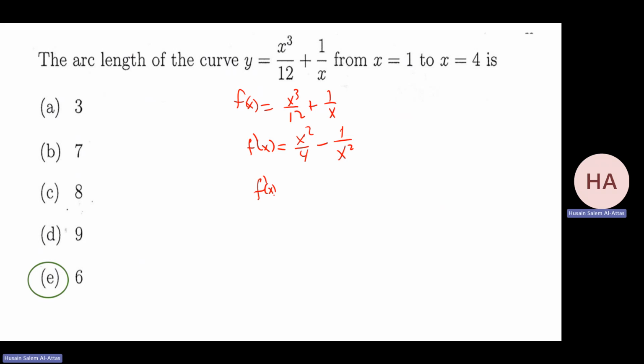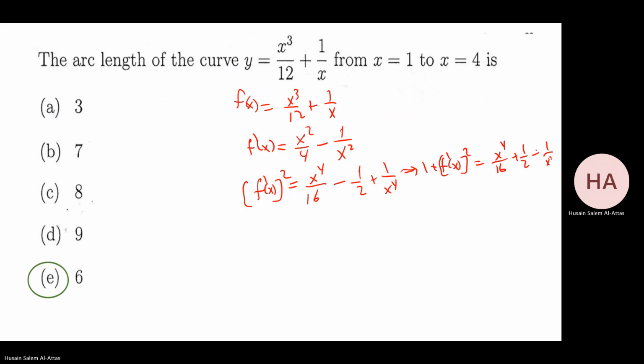F prime square will be x to the power 4 over 16, minus this times 2 minus half, plus 1 over x to the power 4. So that implies 1 plus f prime of x all squared, the same thing, plus half, and that equals x squared over 4 plus 1 over x squared.